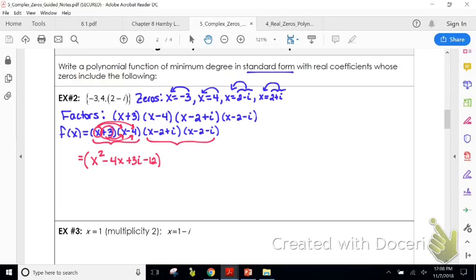Do y'all want to go ahead and simplify that one or multiply the next one first? Simplify it? All right, but remember, we got to come back and do the second part of it. So this just gives me x squared. I can combine those. Uh-oh, I put an i instead of an x. I'm so sorry. So -4x plus 3x is -x, and then minus 12.